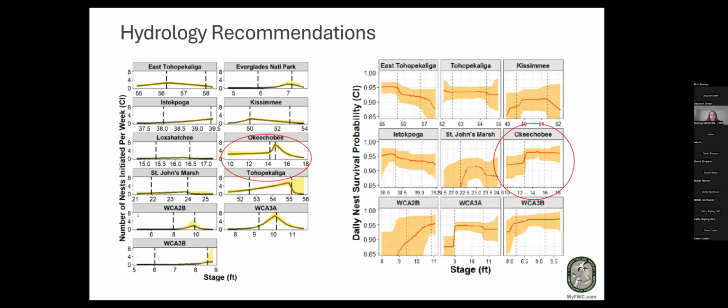When the lake stage is below 14 feet and above 15 feet, the initiation drops since the conditions are not favorable. So those snail kites really enjoy 14.8 feet. And so that would be the optimal lake stage in the beginning of their nesting season to encourage that nest initiation and create the more favorable nesting conditions.